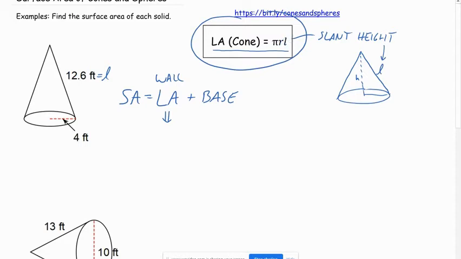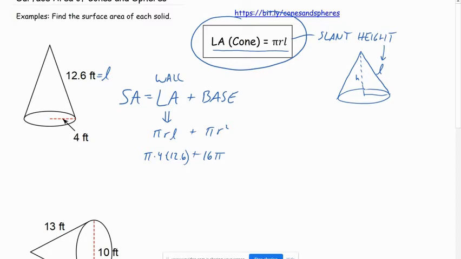It says the lateral area is pi r L. In this case, that would be pi times our radius, 4, times our slant height, 12.6. And then the area of the base is just a circle, so it's pi r squared, and in this case, that would be 16 pi.